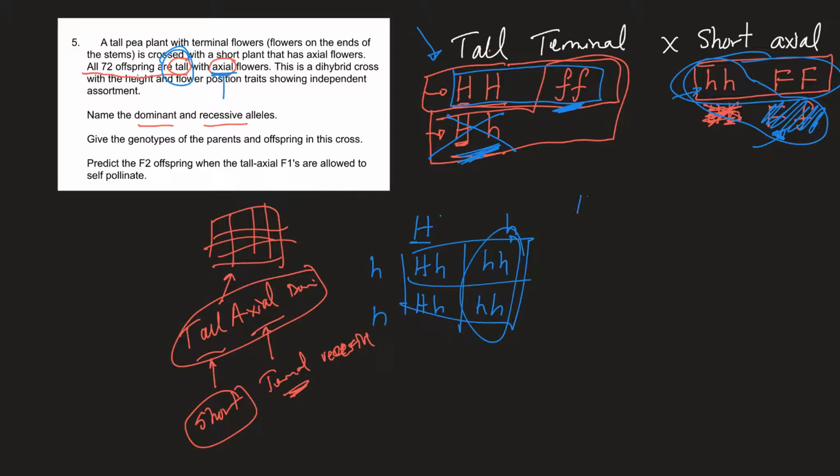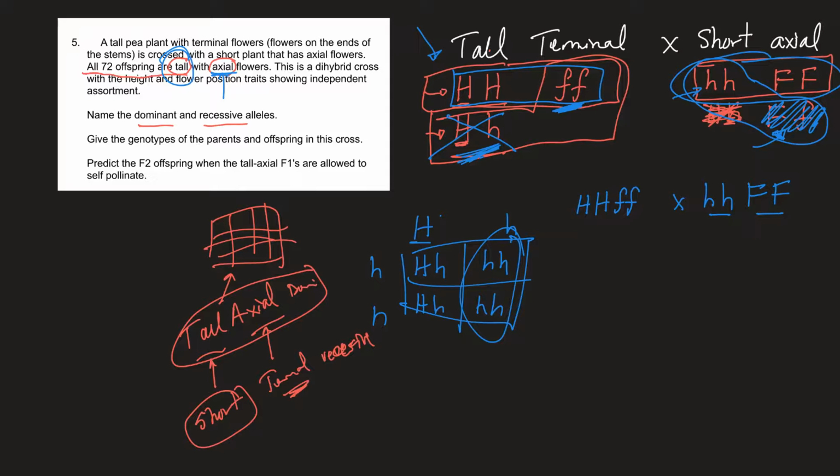So the genotypes of the two plants I'm crossing are homozygous dominant for height and homozygous recessive for flowers. And I'm crossing that with a short plant, so little h, and capital F. Homozygous for both traits, one recessive and one dominant.